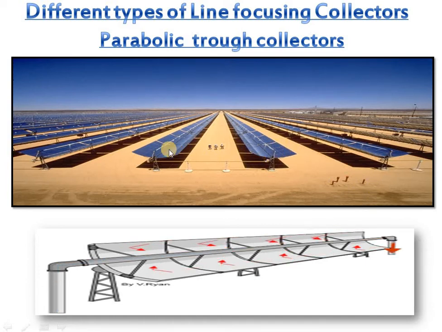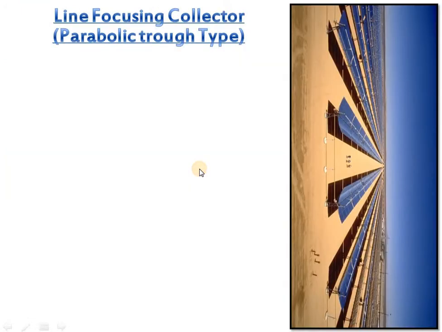This is a panoramic view from a faraway place. In fact, these structures are very giant in size. Even though the structure is very complicated and very vast, the working principle is shown here in the graphics. So that is what is happening in parabolic trough collectors.